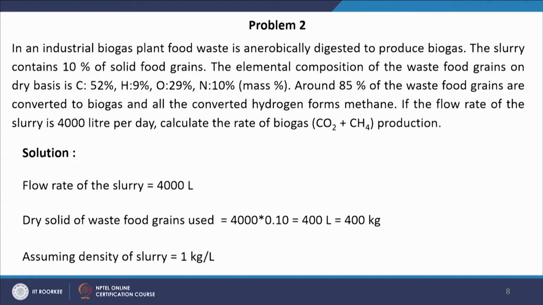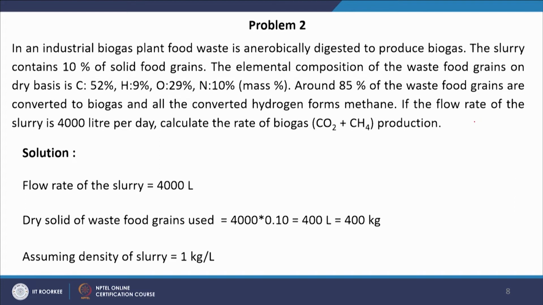The statement is: in an industrial biogas plant, food waste is anaerobically digested to produce biogas. The slurry contains 10% of solid food grains. The elemental composition of the waste food grains on dry basis is carbon 52%, hydrogen 9%, oxygen 29%, nitrogen 10% on mass basis. Around 85% of the waste food grains are converted to biogas, and all the converted hydrogen forms methane.